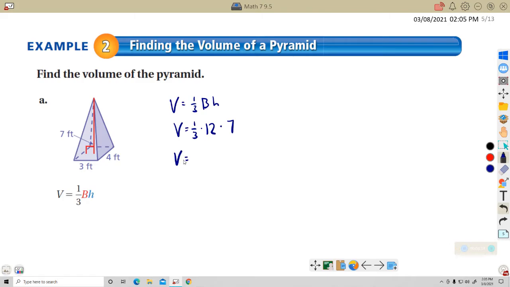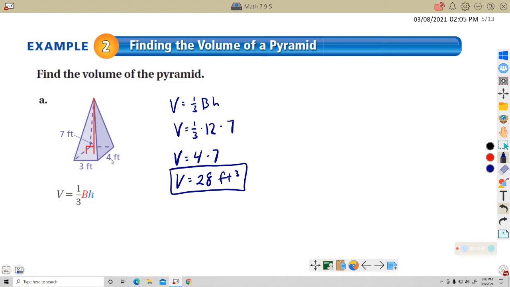Well, again, I got some easy numbers here I can work with because I can do 1/3 of 12 very easily. 12 times 1/3 is 4. And then 4 times 7 will be 28. And of course, this is going to be in cubic feet, or feet cubed.